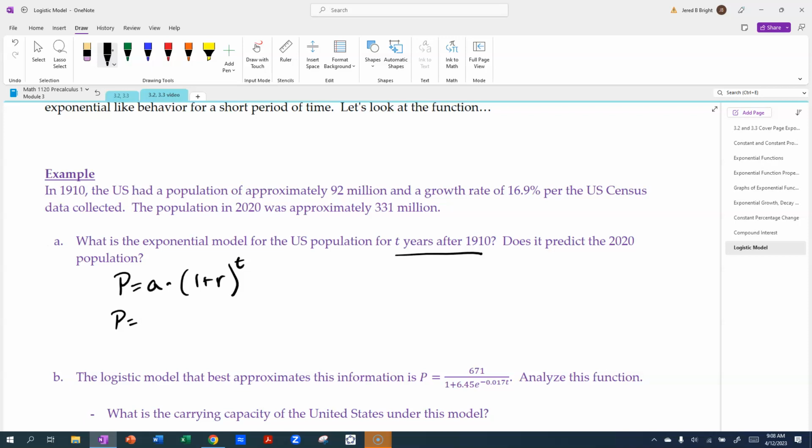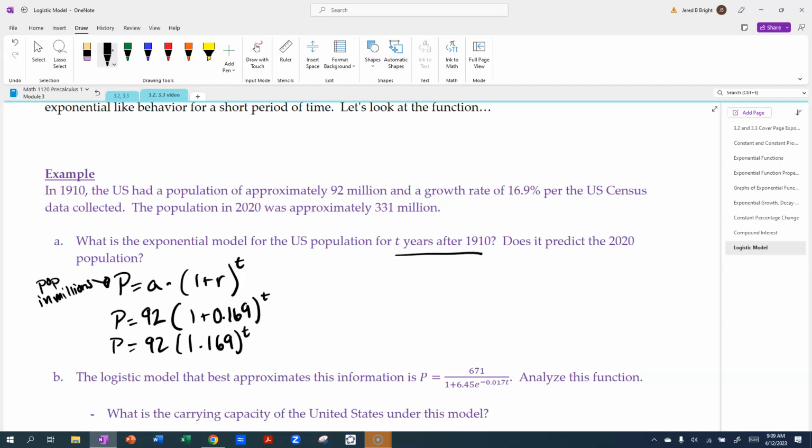T years after 1910, so the initial amount in 1910 would be 92 million. Okay, so I'm just going to say that P is, just to be clear, population in millions. Okay, 92 times 1 plus, and then the r value would be the growth rate, so 16.9%.